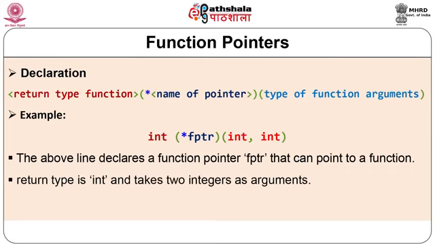You can see the example like int (*fptr)(int, int). fptr is the pointer name, and the function arguments in this case we are considering as integers. This statement declares a function pointer, that is fptr, that can point to a function whose return type is integer and takes two integers as arguments. We will see functions in depth in the function module.